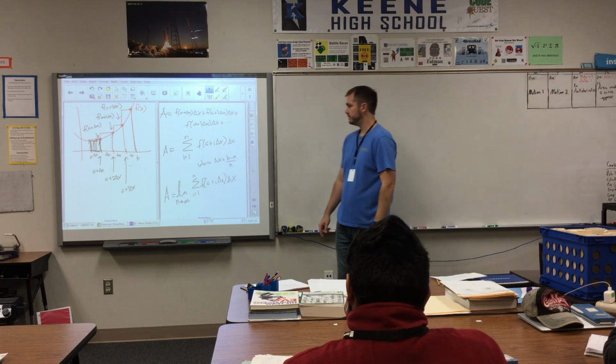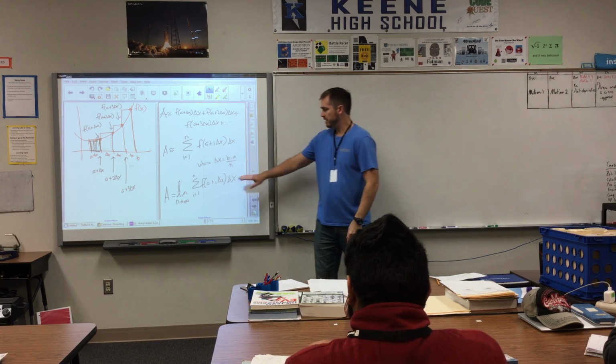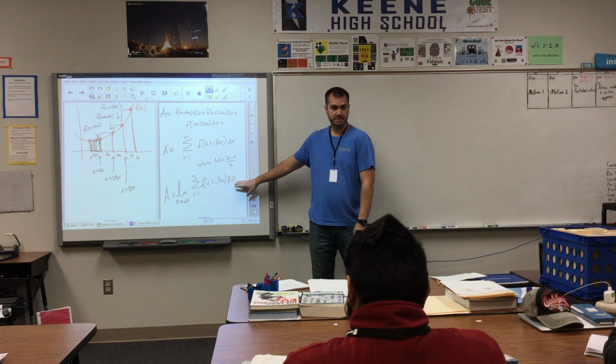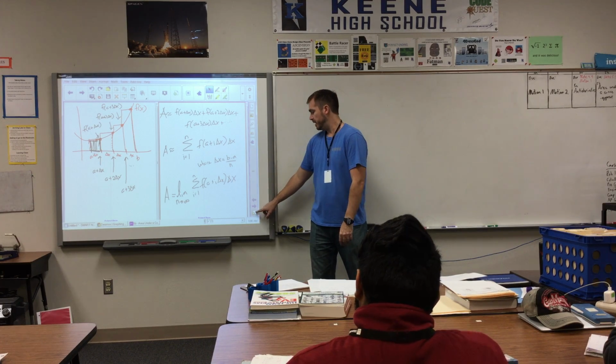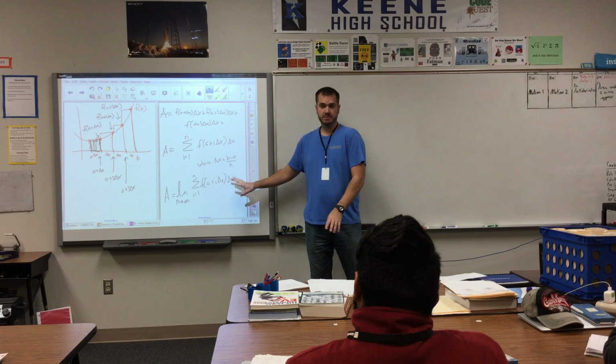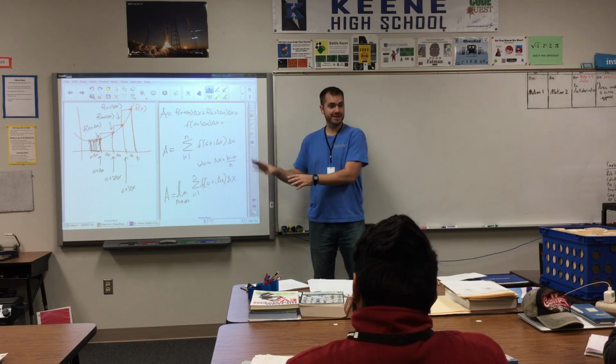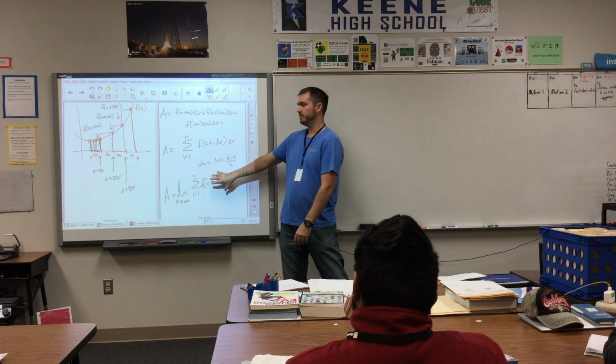Okay, that's a great statement right there. This is super powerful. And we're going to do a problem to solve for the exact area. We're going to apply it. We're going to do all that.